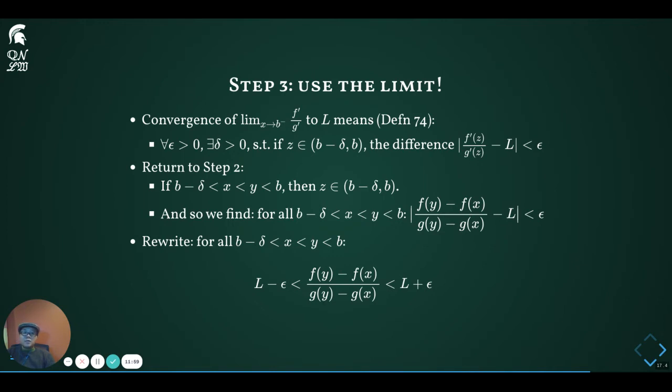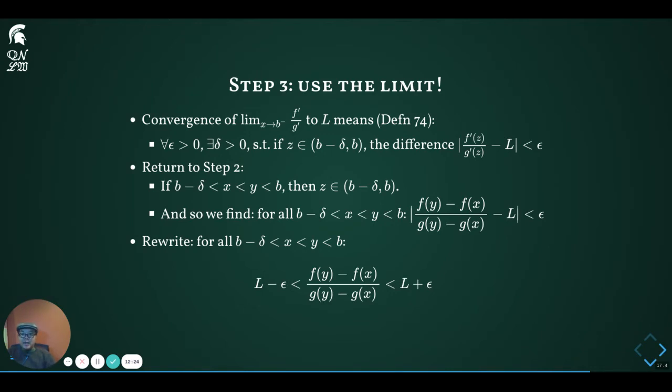So, combining the fruit of step 2 with the convergence of this derivative ratio, we see that whenever x less than y are two points between b minus delta and b, then the ratio of the total change of f divided by the total change of g is no more than epsilon from L.